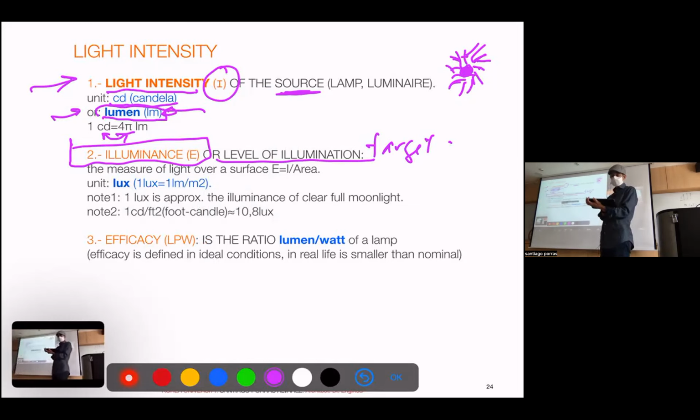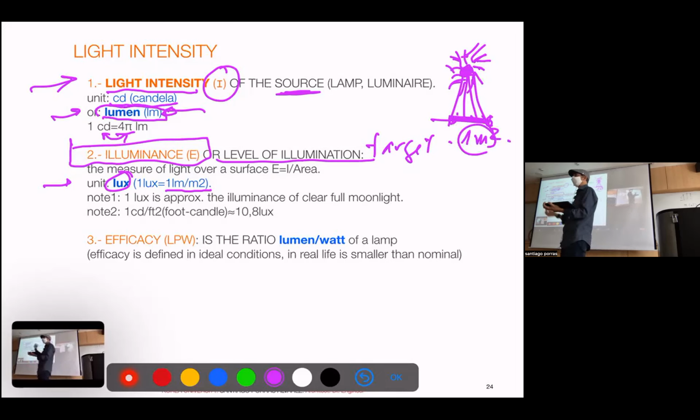And the unit is lux, which is 1 lumen per square meter, right? So if you have this kind of light coming here, we have an area of 1 square meter, and we calculate how many lumen are coming here. We divide by the area, and we have the intensity in lux, right?